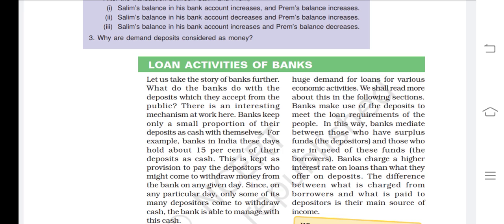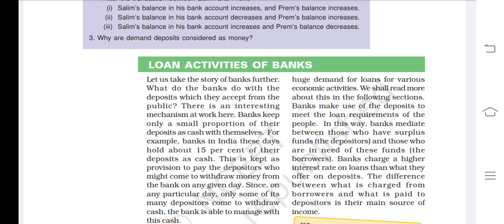Banks keep only a small proportion of the deposits as cash with them. For example, banks in India these days hold about 15% of their deposits as cash. Like 10 to 15% of the deposits as cash with themselves.